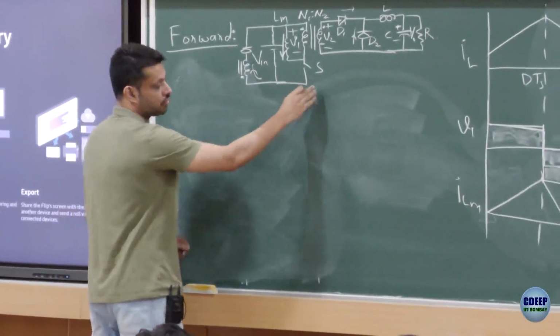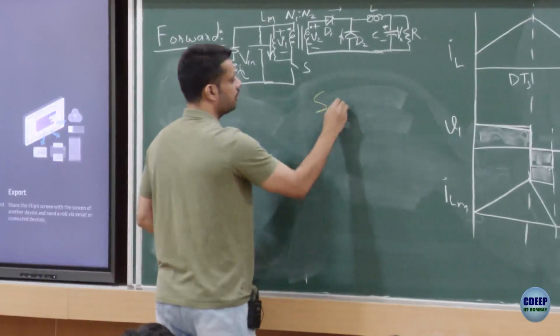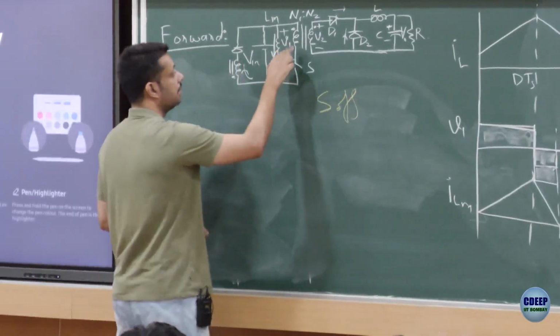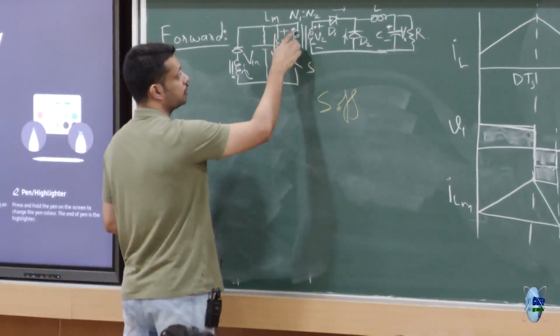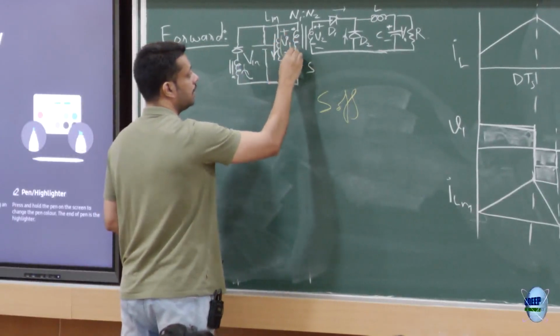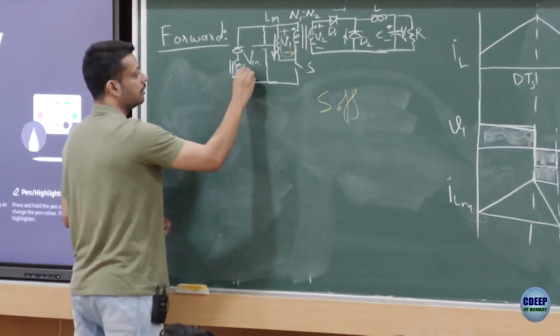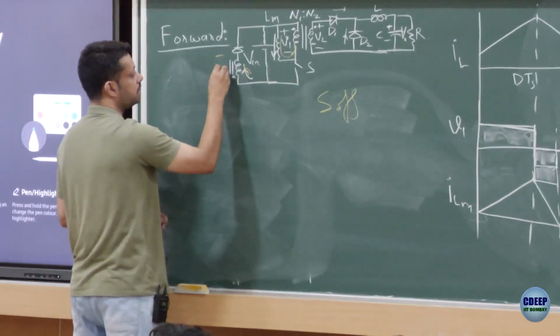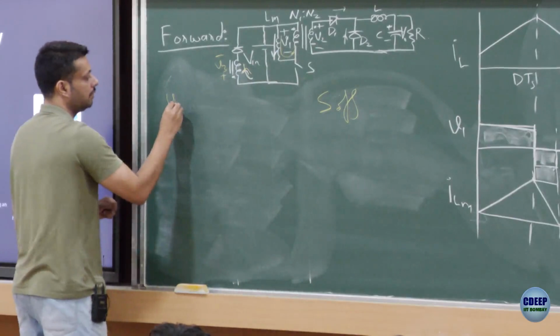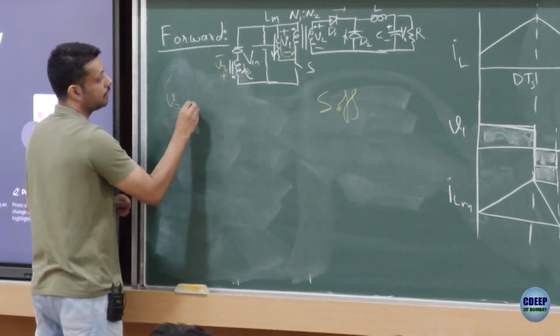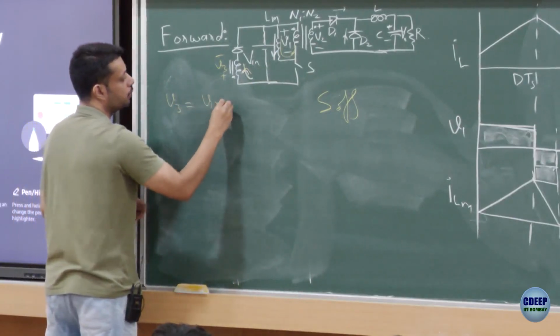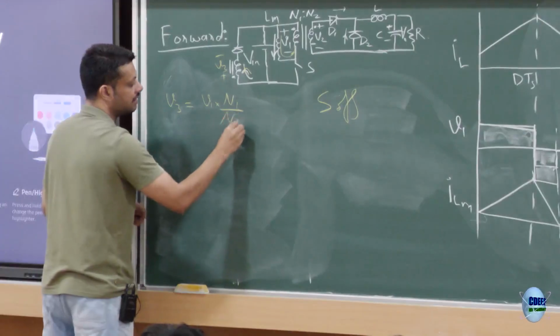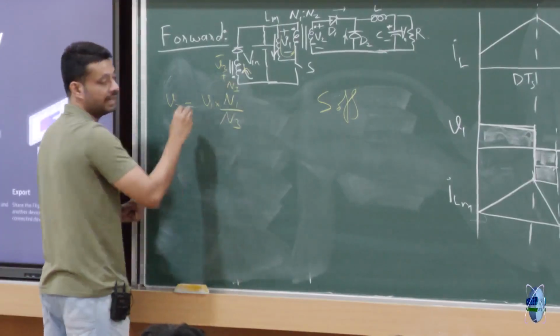Okay, now when the switch is open, S is off, right? This current flows through here, so current leaves the dot and therefore current enters the dot. And if this is V1, this is V2, and let me call this V3, right? And therefore V3 is equal to V1 times N1 by N3, where N3 is the turns of the tertiary winding, right?